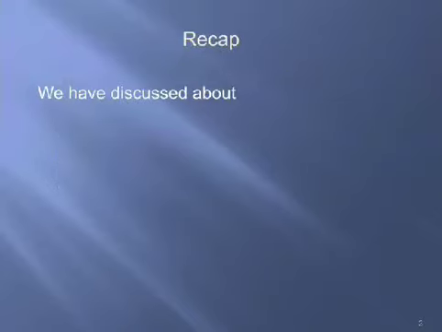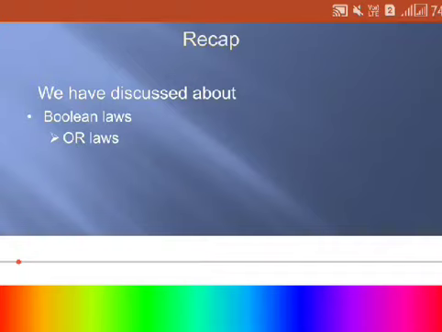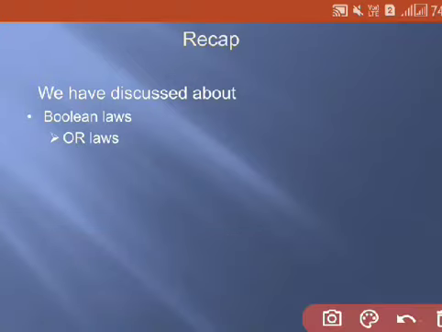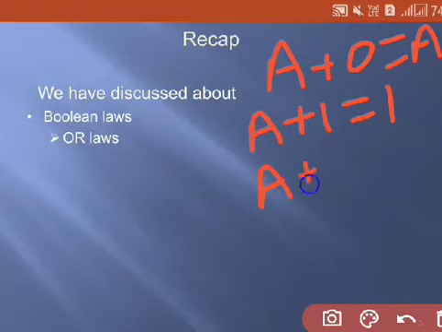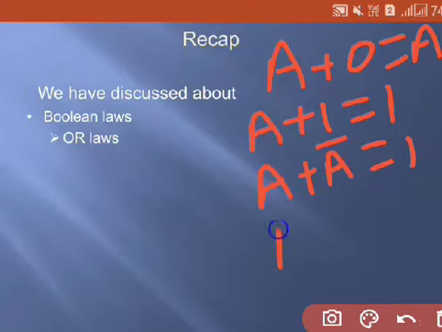Next, in the last session we have seen different types of Boolean laws, like OR laws. What are the OR laws we have seen? a plus 0 is equal to a. Similarly, a plus 1 is equal to 1, a plus a bar is equal to 1, and a plus a is equal to a.